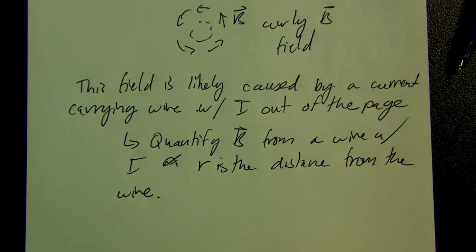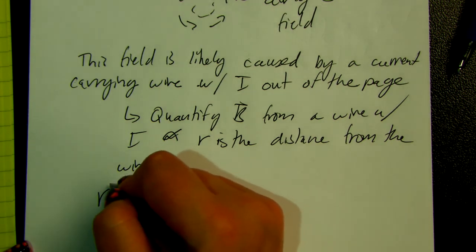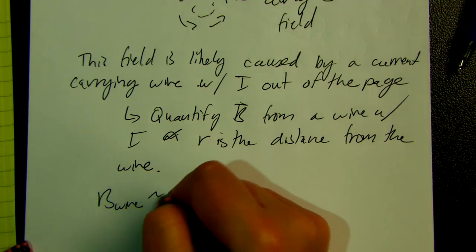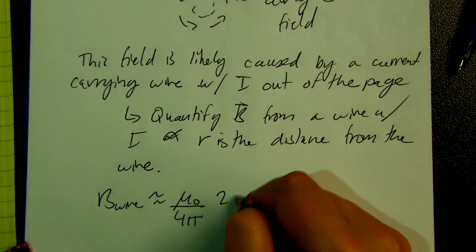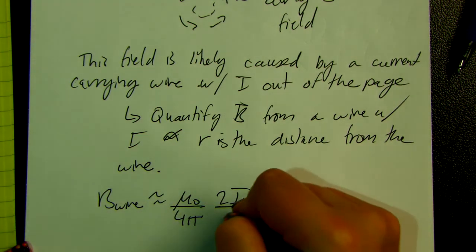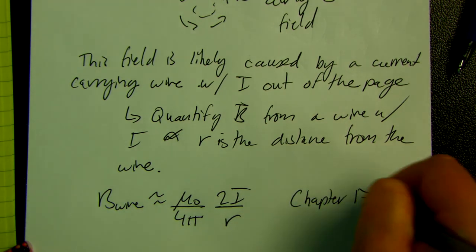B wire is approximately mu naught over 4 pi, 2I over R. And we got this from chapter 17.